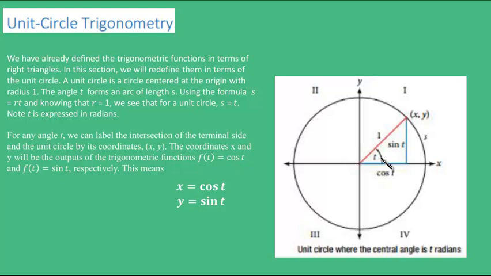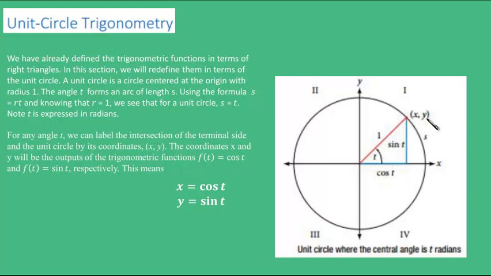The sine of this angle t is going to be the opposite side, which is y, the value of the y coordinate, over the hypotenuse, which happens to be the radius of the circle, which is 1. And the cosine of this angle is going to be this side, which happens to be how much it goes across, so that's the x coordinate, divided by the hypotenuse, which happens to be 1 again. So we have then that the x coordinate is the cosine of the angle, and the sine of the angle, t, is y.